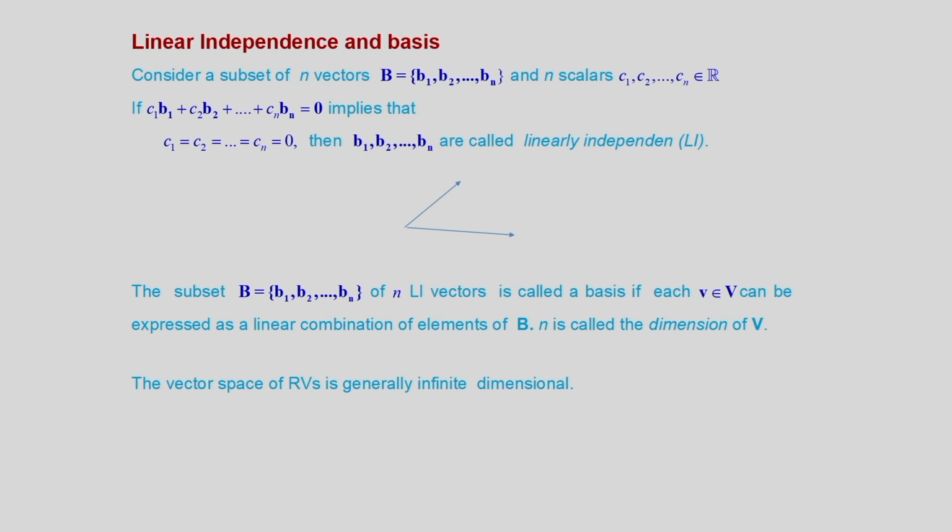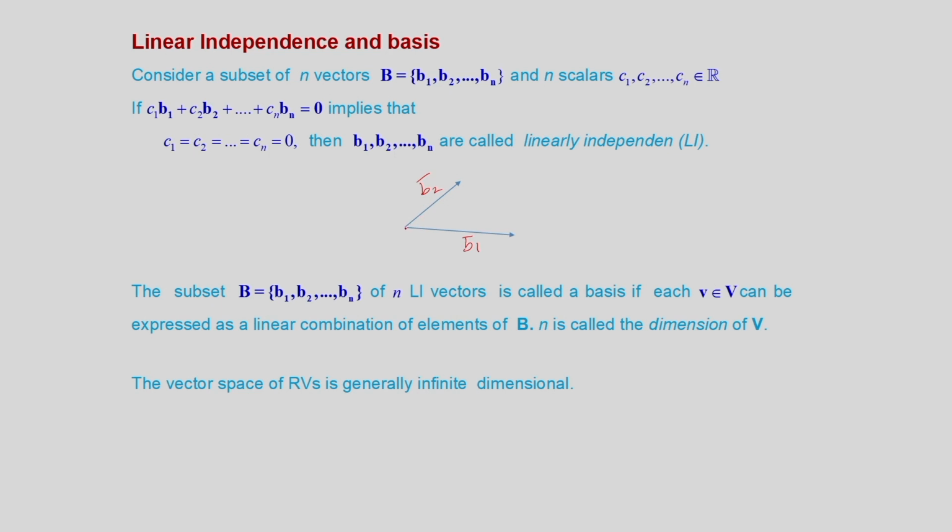Suppose this is my B1 and this is my B2. Normally, when we write by hand, we give a bar to denote a vector. Now, this B1 cannot be written in terms of B2, or we cannot write B1 as a scaled version of B2. Therefore, B1 and B2 are independent.